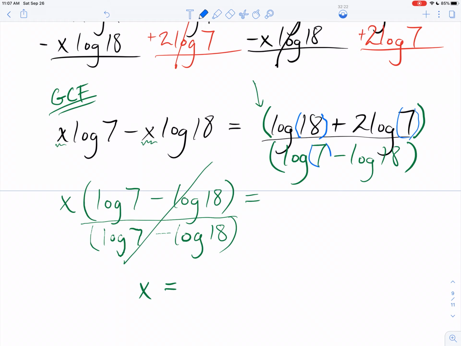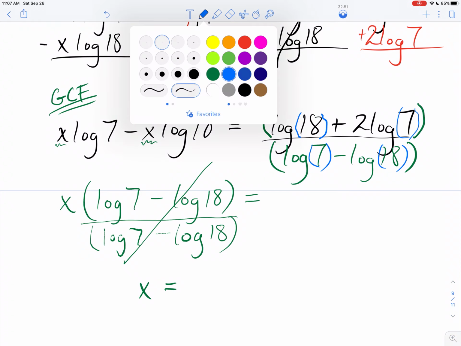So when you punch this into your calculator, you just have to be super cautious of all the parentheses that are involved. So I have parenthesis, log, parenthesis, 18, close parenthesis, plus 2 log, parenthesis, 7, close it, close it. I have double parentheses. Now I can say divided by.